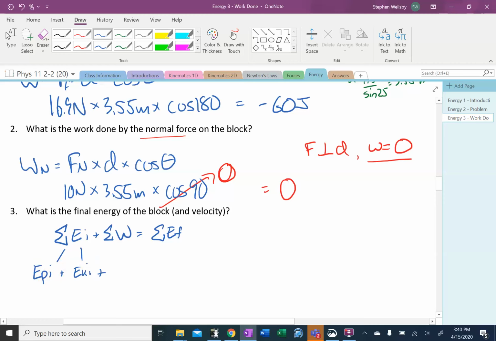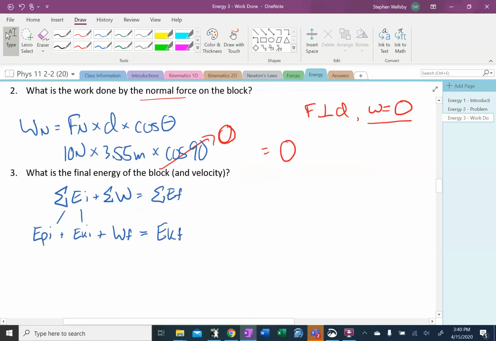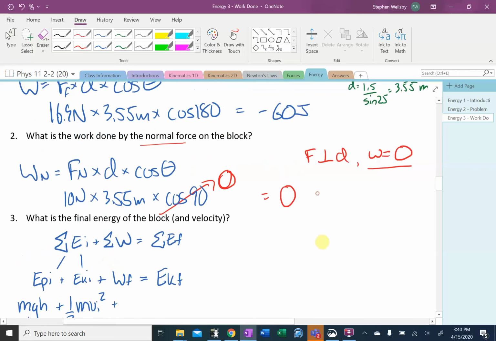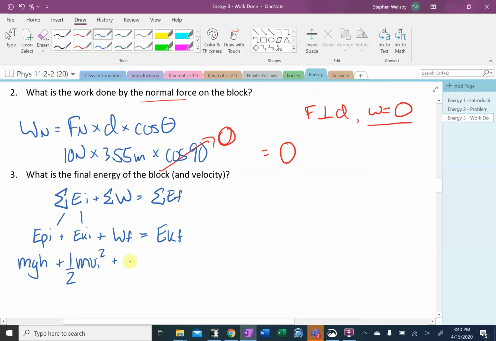And then we had our work done, and this was the work due to friction. And this is going to equal our final energy, which is just our final kinetic energy. In this case, this is going to be mgh plus 1/2 mv initial squared plus work due to friction, and I'll leave it as that. Work due to friction. We already solved that one up above. That's going to equal 1/2 mv final squared.